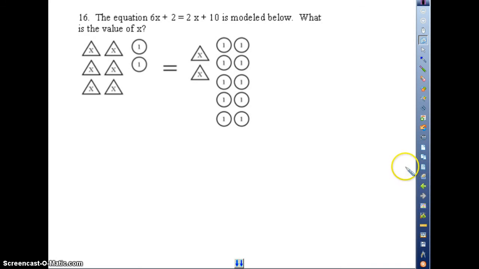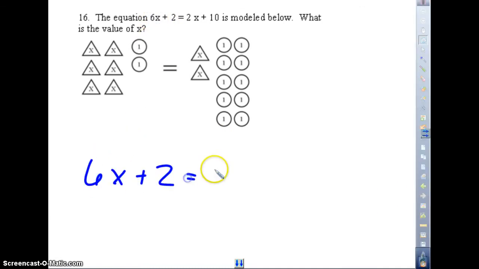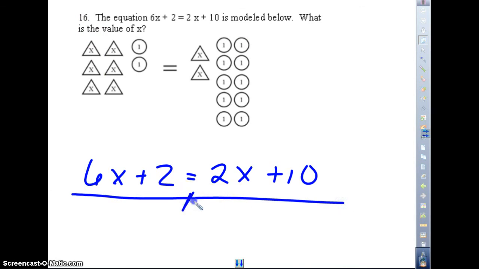Okay. We've never really talked about this before, and I want to talk some more about it. They gave you the equation 6x plus 2 equals 2x plus 10, and they've modeled it below. What's the value of x? Well, think of this as a teeter-totter, and this is your pivot point. Whatever you remove from one side, you have to remove from the other.